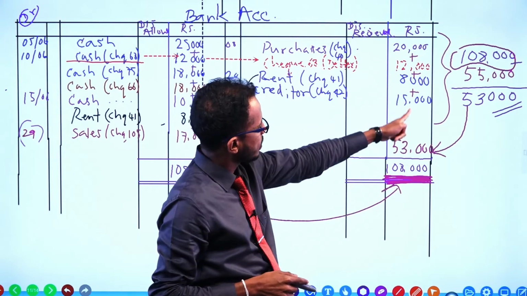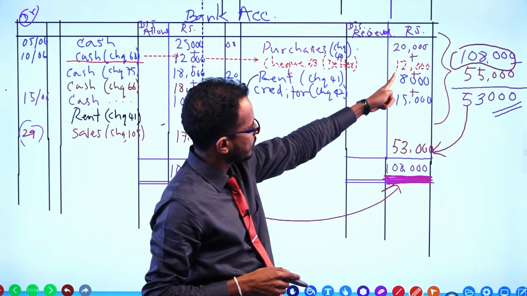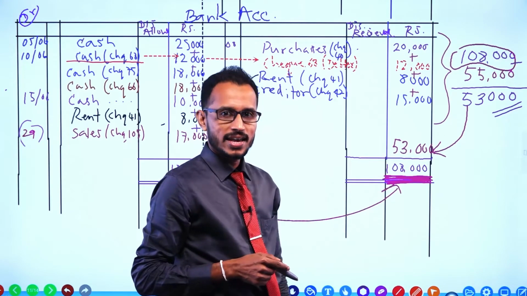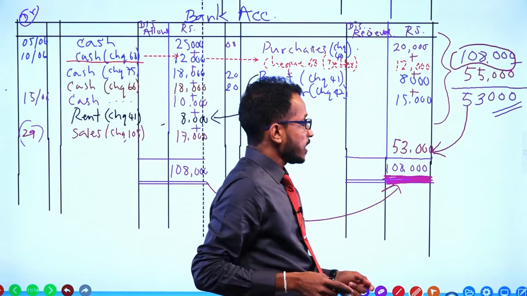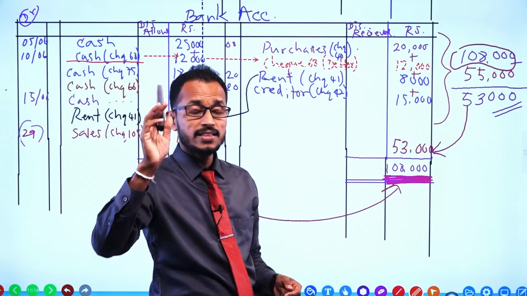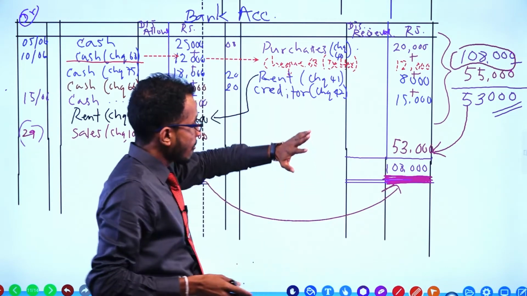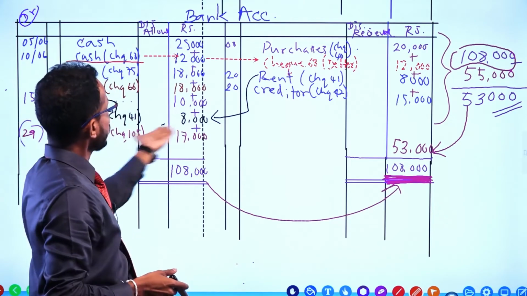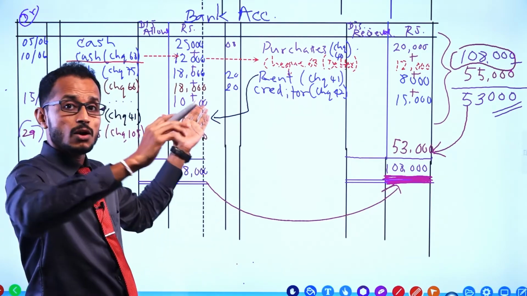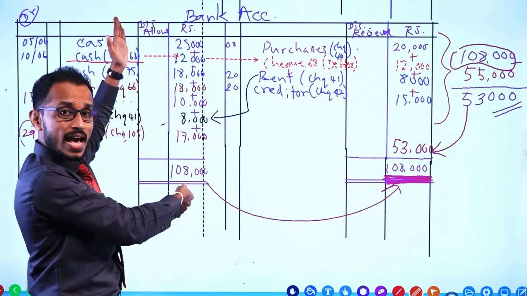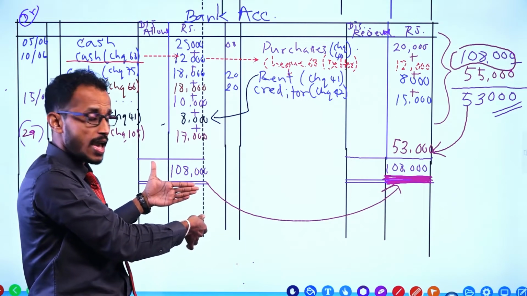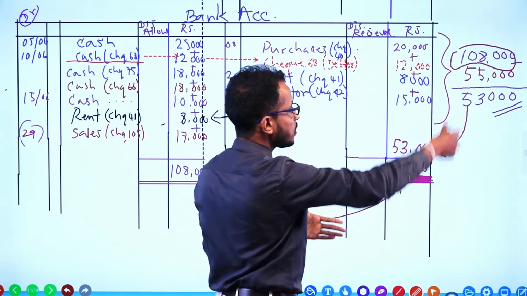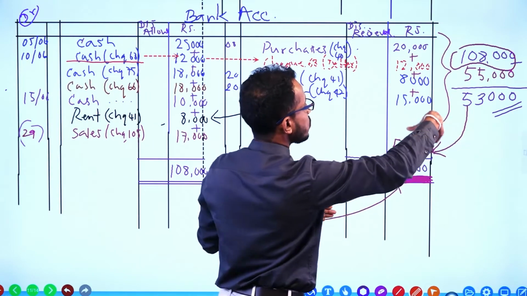Now when you add the column and get the column total, you get 108. That is the theory. Okay. In practice, get this to your heads. In practice, the entire amount or the total received amount which is on the debit side is 108, and from that you have spent, or money has gone out, 55.